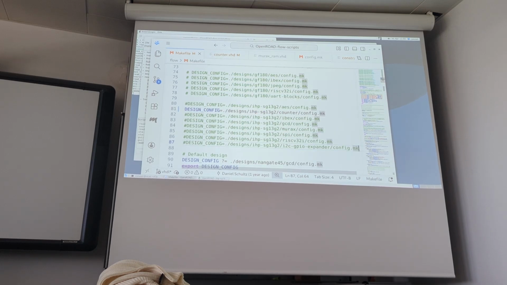So to run the synthesis, you have to uncomment here the design configuration for the counter.